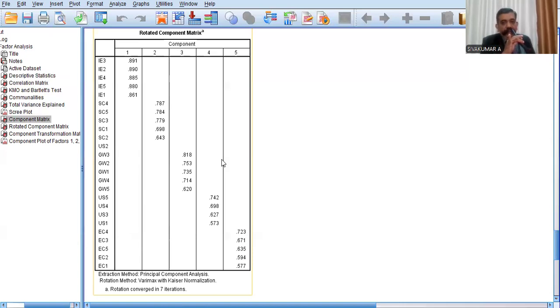Then next CFA. Next class, we may discuss about CFA. Before starting with the CFA, you have to find out the reliability attached with those factors, especially the internal reliability attached with factor 1, factor 2, factor 3, factor 4, and factor 5.